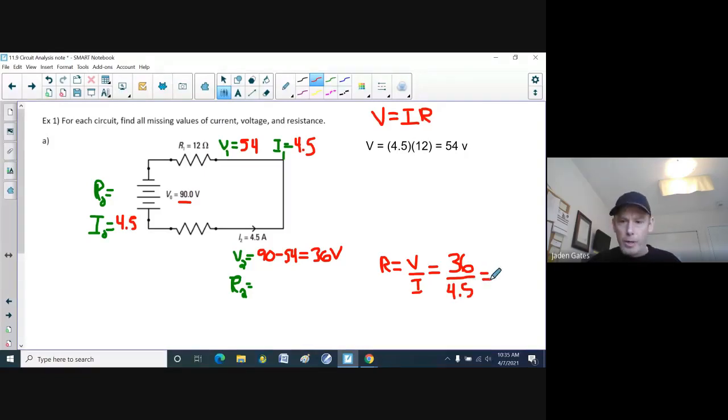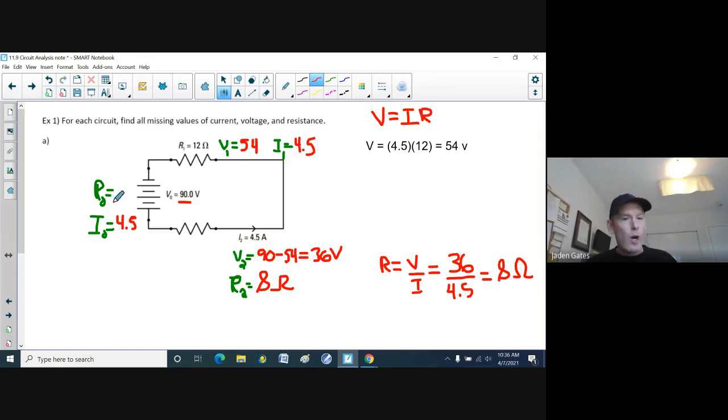And I get 8 ohms. So there's an 8 there. Again, it's a puzzle. I just try to figure out what I can. There's no particular order here.